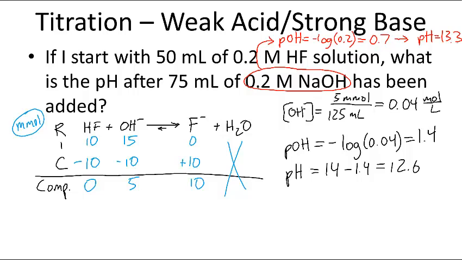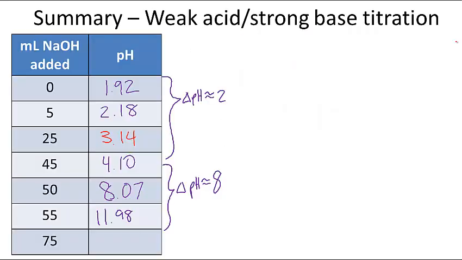So if we add an infinite amount of titrant solution, what's the highest the pH is going to get? 13.3. So it makes sense that the graph should level off as it approaches 13.3. So here we got to 12.6.